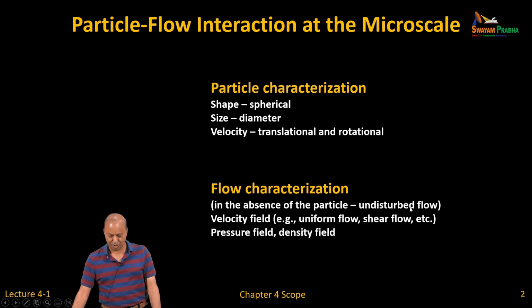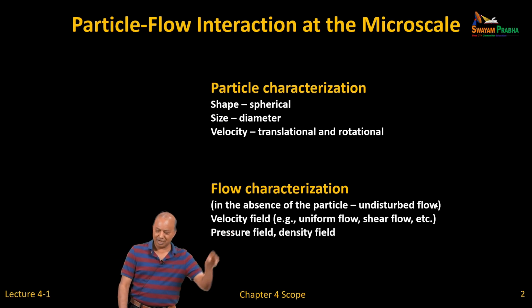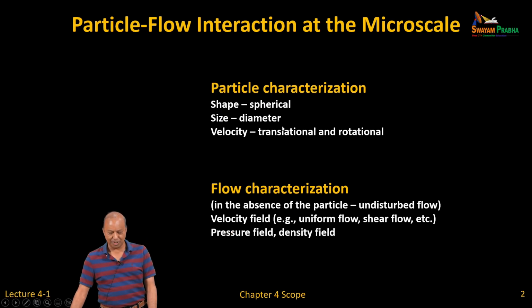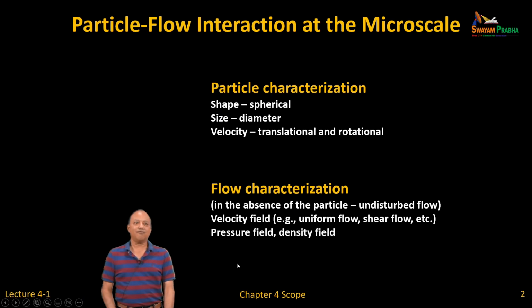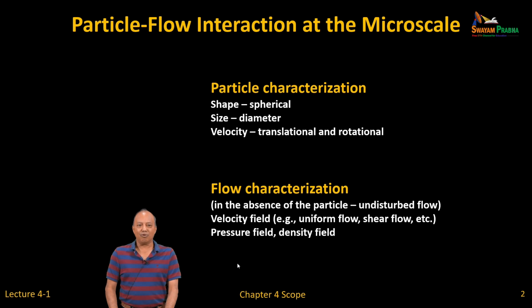So that's this term here. So in other words, all the drag laws will be expressed in terms of particle characteristics, which are listed here, and what the flow would be had the particle not been there. Okay, that's the clear definition of undisturbed flow. You have to ask the question, what would be the flow without the particle?